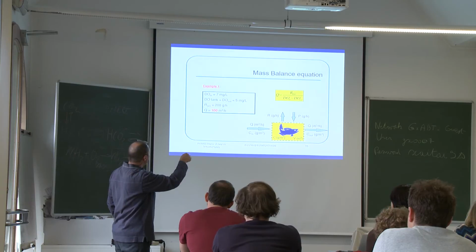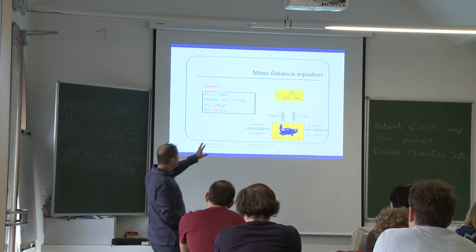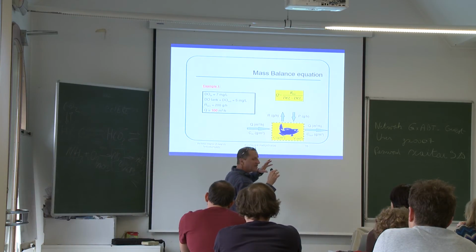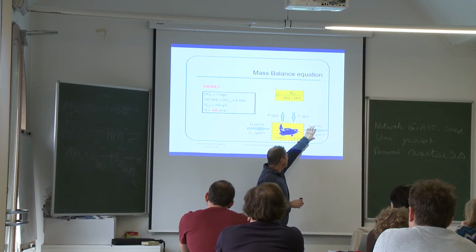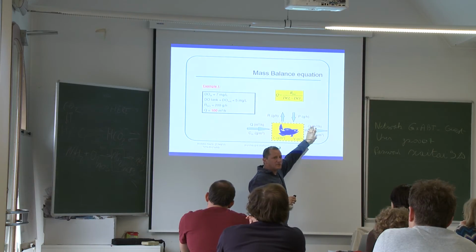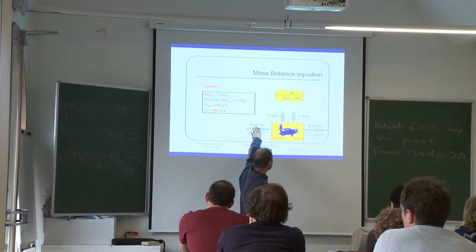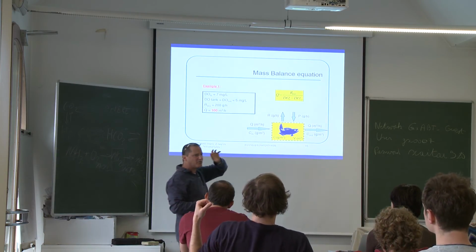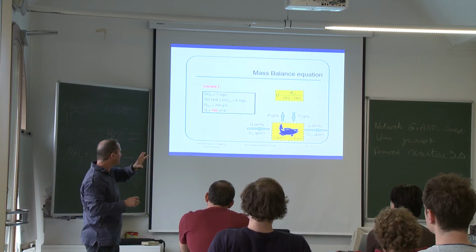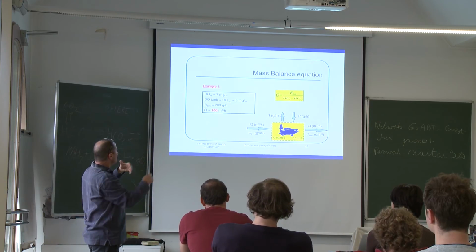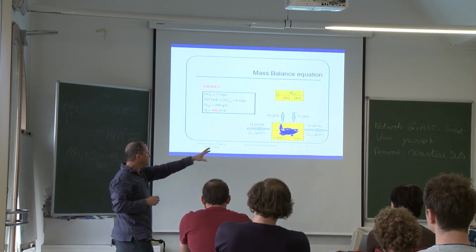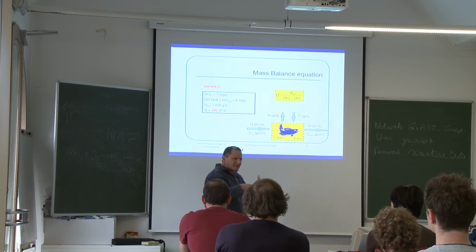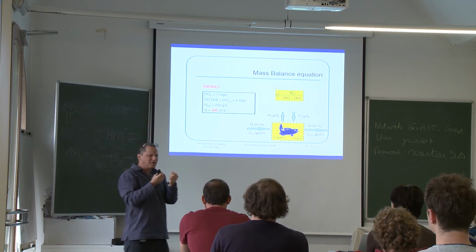If our design target is that the concentration in the outlet would be 5, we start with 7 and we don't want it to get below 5, because that's what we decided. If we wanted, we could decide that it's going to be 3. So we ask, what should be the flux of water in order to maintain this oxygen?